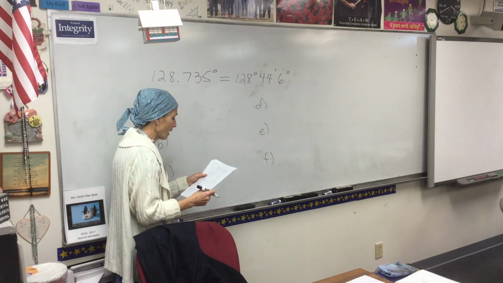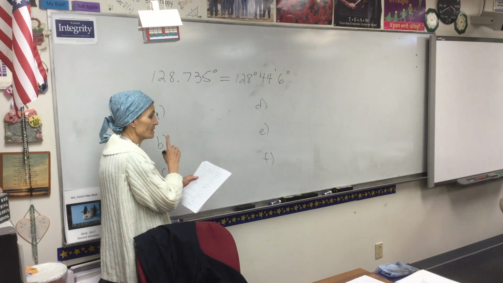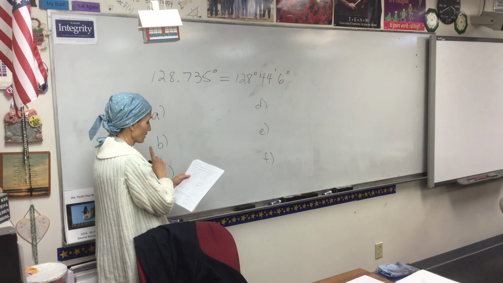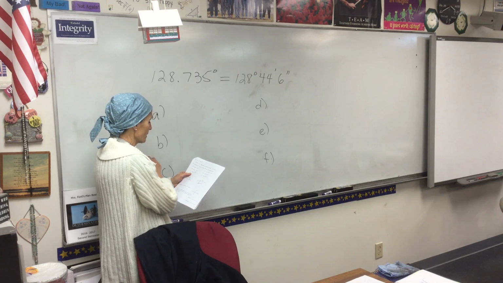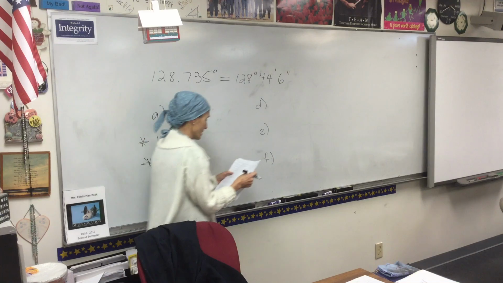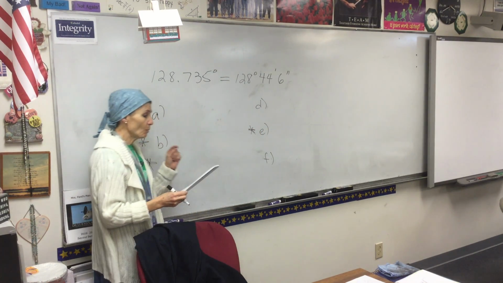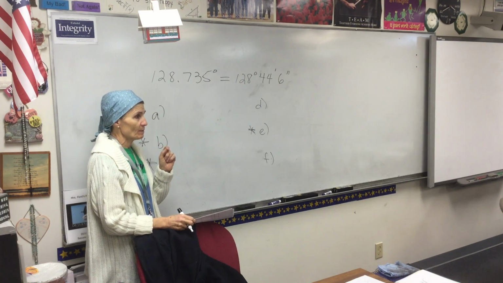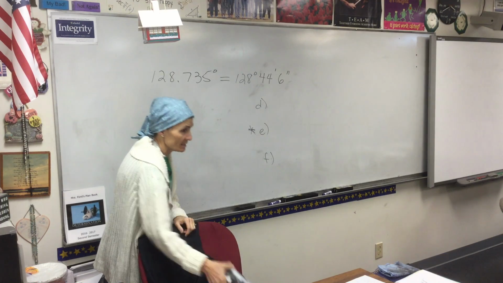So which problems in this section are going to be radian problems? B, C, and E. Now, how do I know those are going to be radian problems? There's no degree mark. It couldn't be any easier.